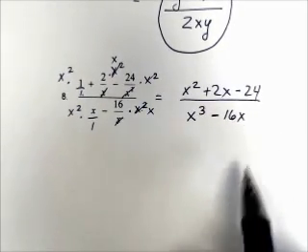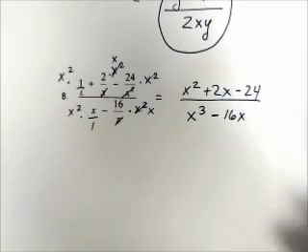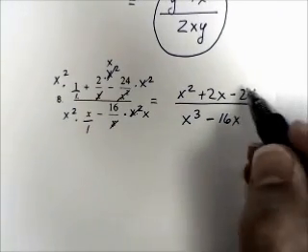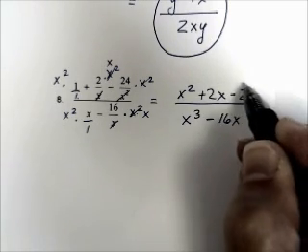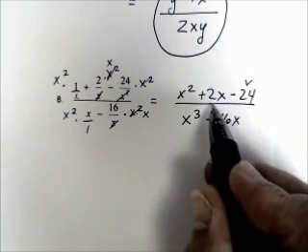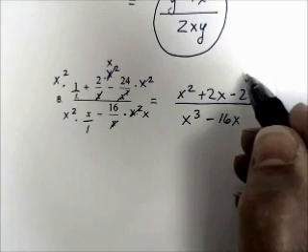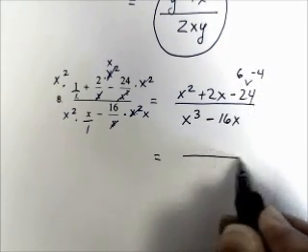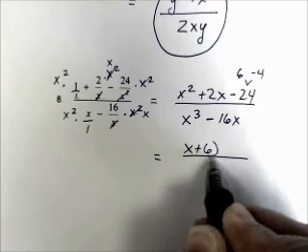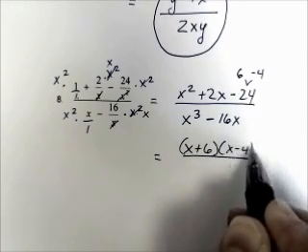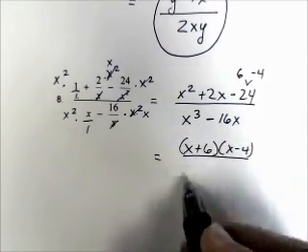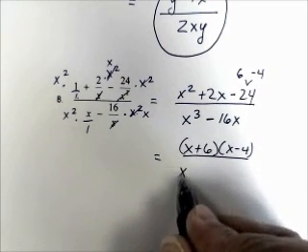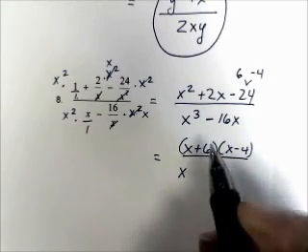Okay, so now we have a nice simpler fraction. So see if we can reduce it or simplify it. The trinomial, are there factors of negative 24 that add to 7? 6 and negative 4. So that will factor into x plus 6 times x minus 4. And the denominator, GCF, x squared, x, thinking ahead.